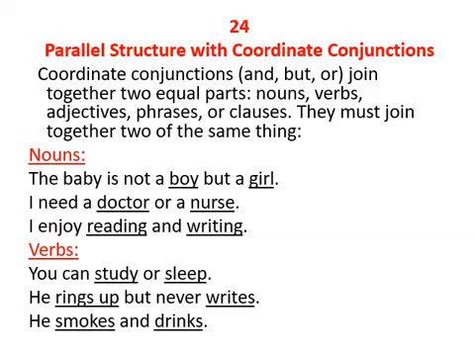طيب نشوف if we are joining together nouns. هقول the baby is not a boy but a girl. Boy and girl. I need a doctor or a nurse. I enjoy reading and writing.